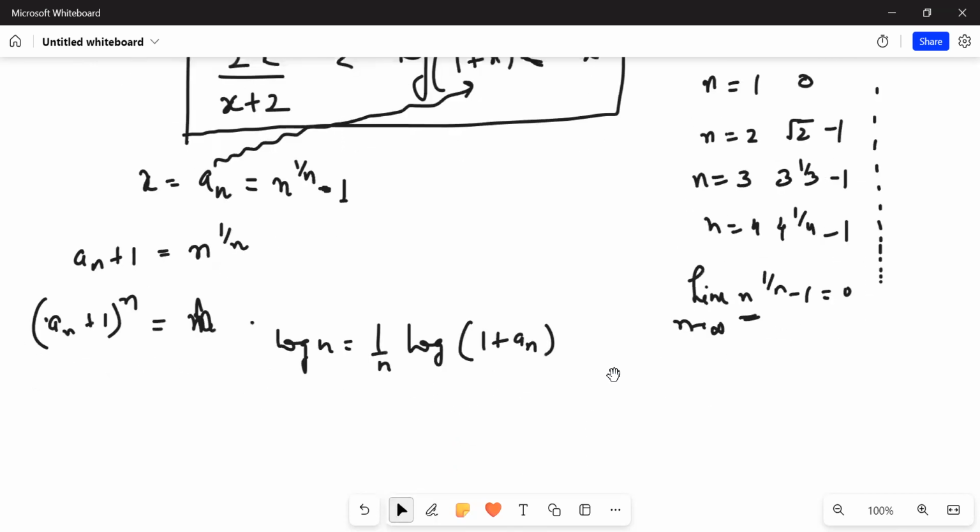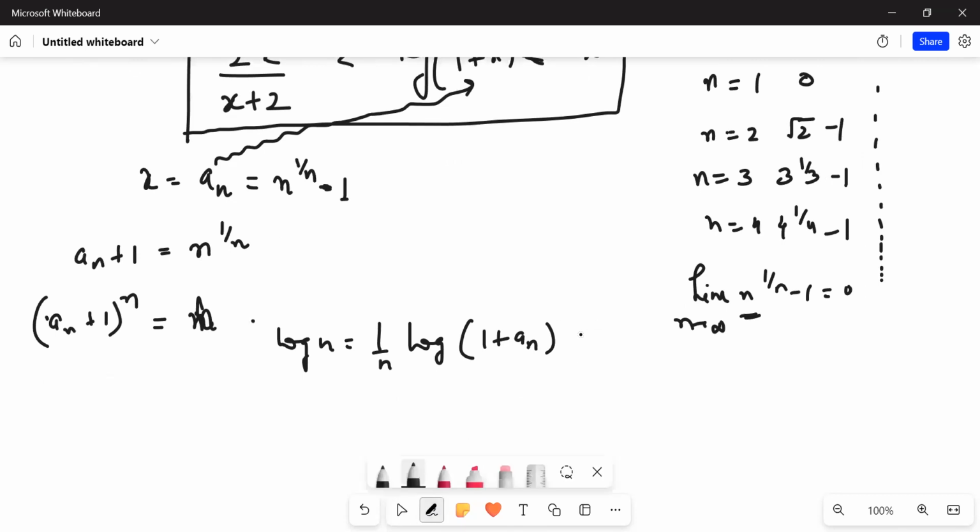And remember, I've already taught you that log of 1 plus x is less than x. So instead of x, you write an. So I can write that log of 1 plus an will be less than an.